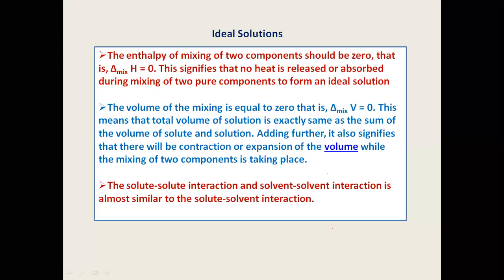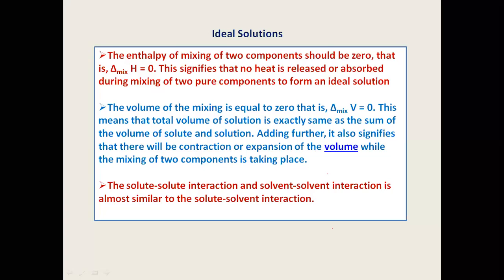Therefore, ideal solutions are those that, apart from obeying Raoult's law, have an enthalpy of mixing of 0, as well as a volume change during mixing of 0. That means delta mix V should be 0. What do you mean by this volume change? I take 1 liter of benzene and 1 liter of toluene and mix them.